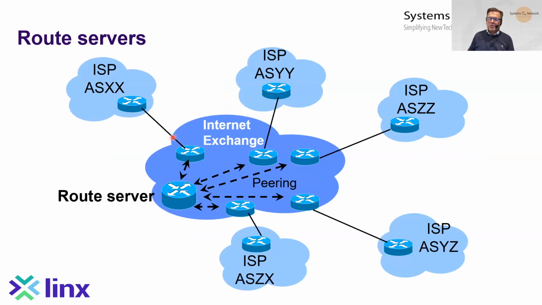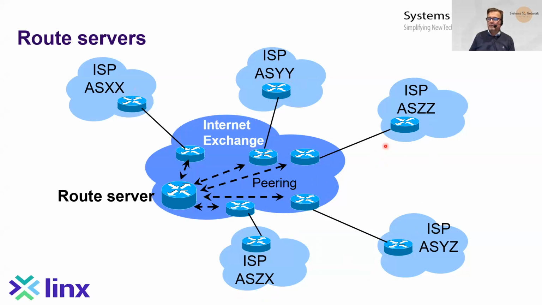So now we come to the context of what a route server is actually doing. The London Internet Exchange, for example, as we're illustrating here, provides an interconnecting set of infrastructure, a high-speed backbone, if you like, that allows service providers to interconnect.